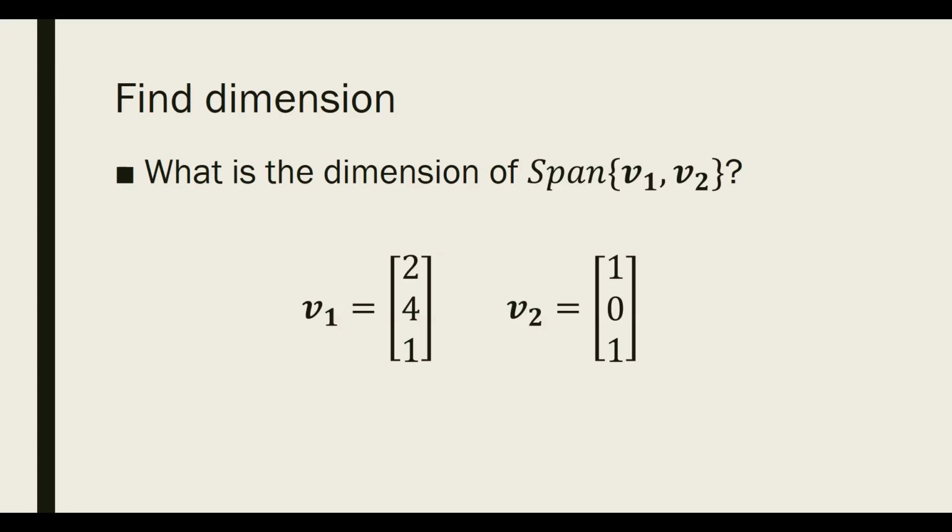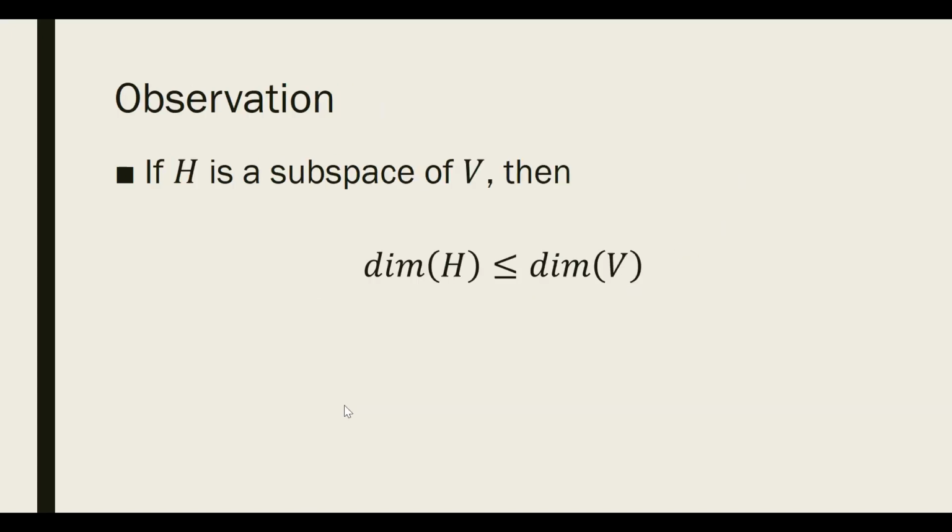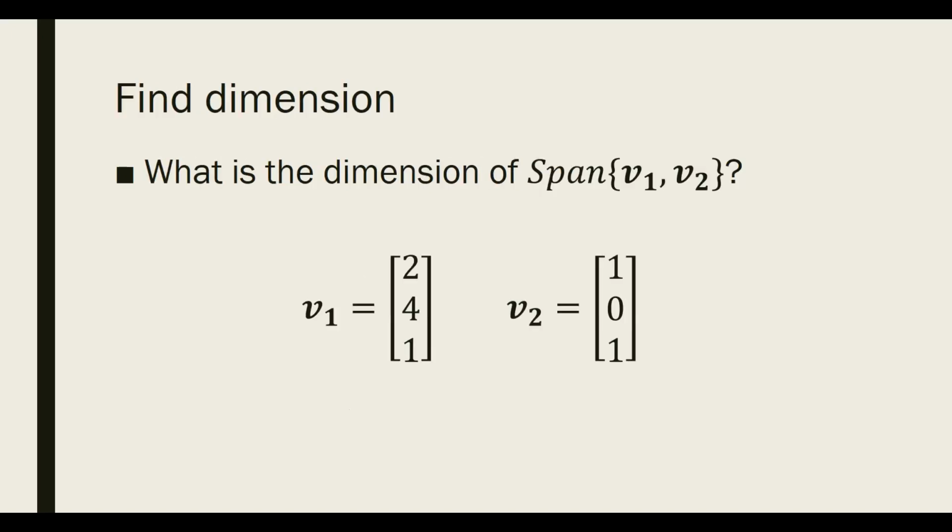So the span of these two vectors has dimension 2 because these two vectors span the set, and these two vectors are linearly independent. Now, what you'll notice real quick is that this span of v1, v2 is a subspace of R3.